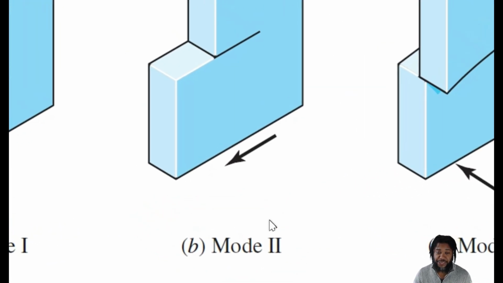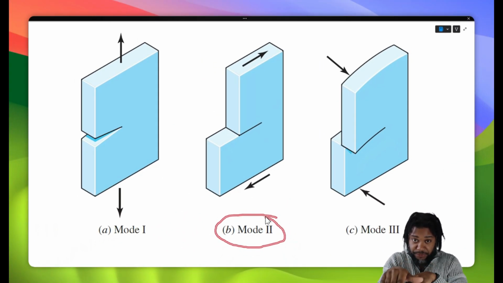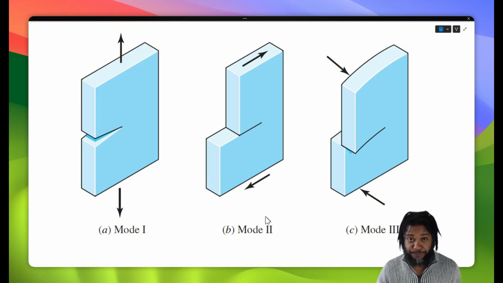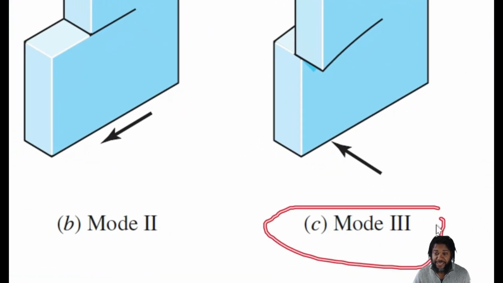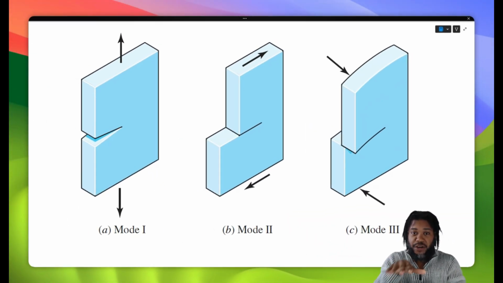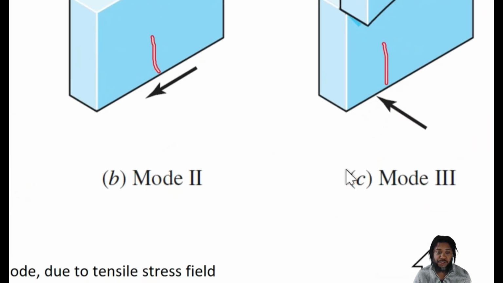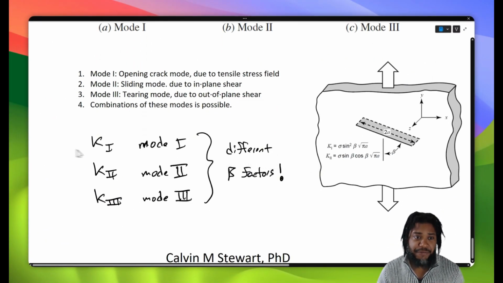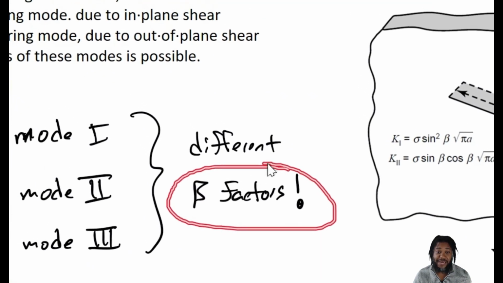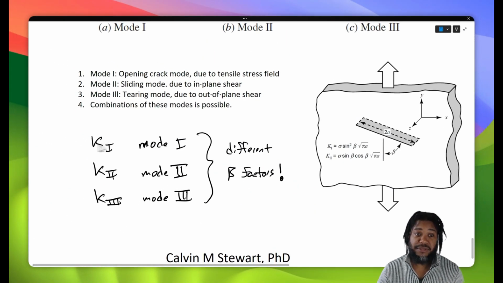Mode 2 is where we have in-plane shear, where we're shearing in plane to our crack surface. And then mode 3 is out of plane shear, where we are shearing across, out of plane of our fracture surface. Now, for each of these loading modes, we have different beta factors that we need to find.